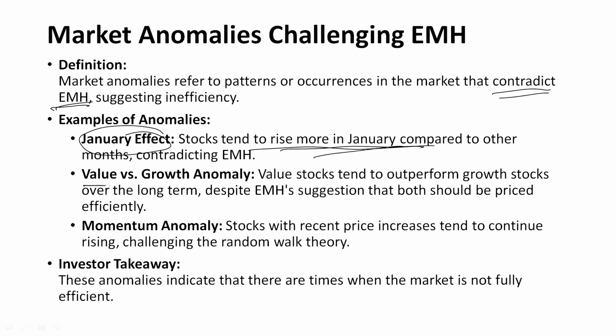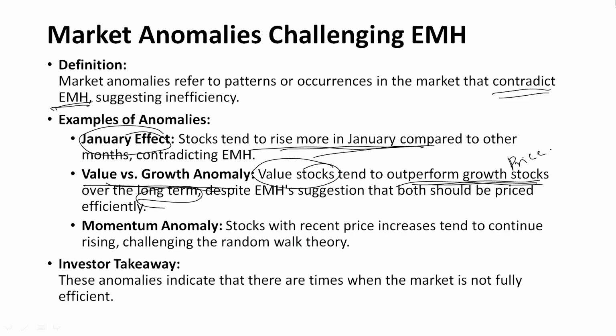A second is the value versus growth anomaly. What do you mean by this value versus growth anomaly? It says that the value of the stock in the long run will outperform the prices of stock.